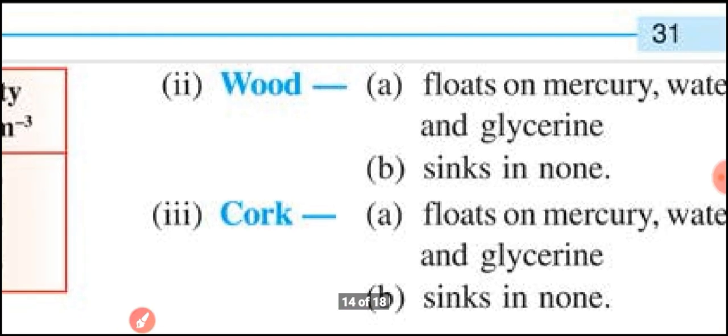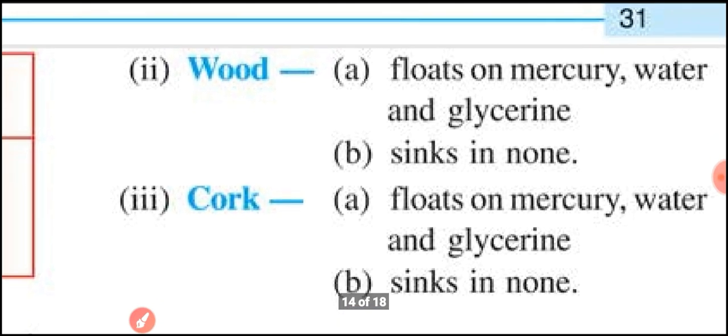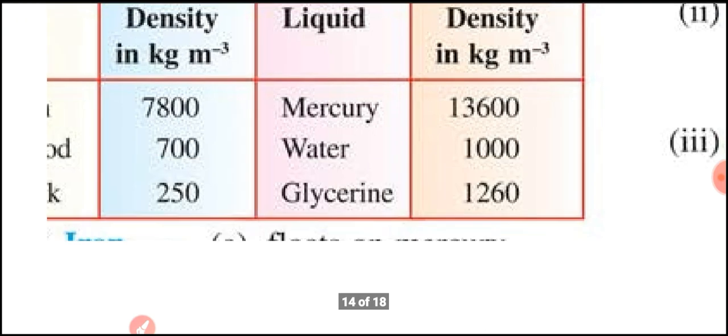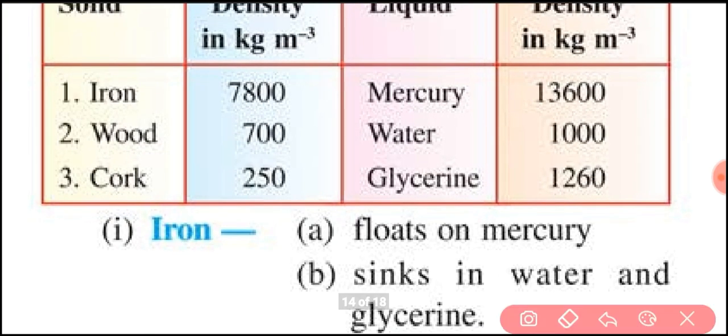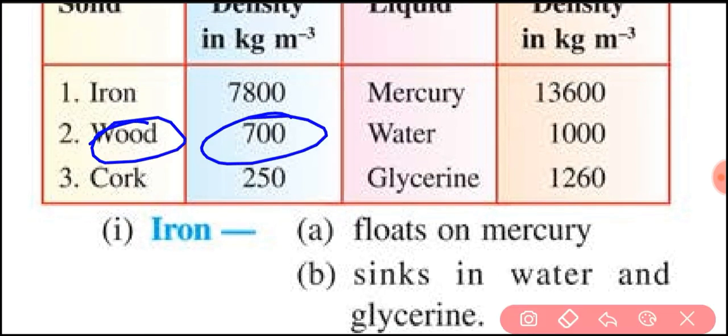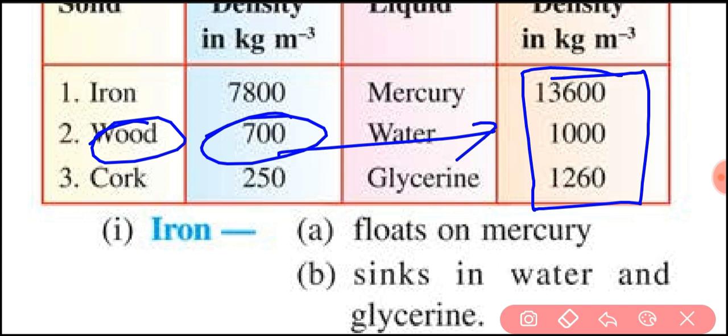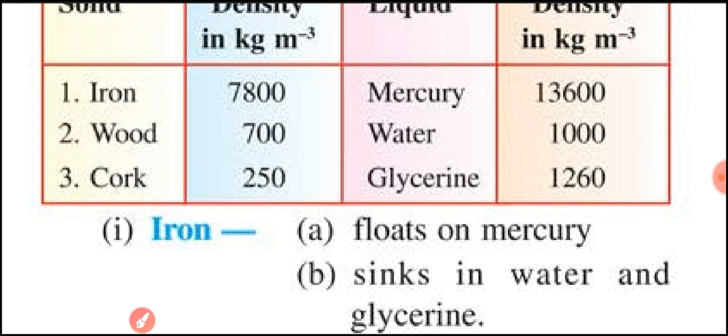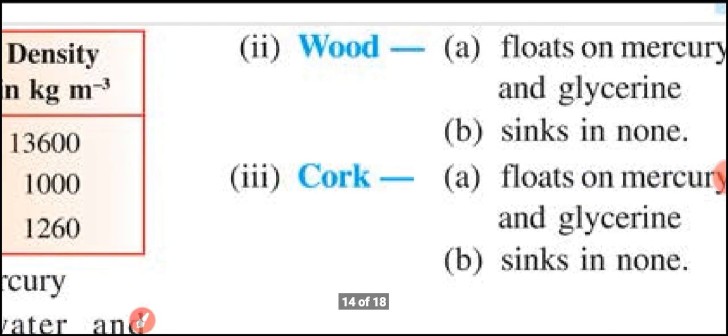And about wood, what is it? Floats on mercury, water and glycerin. See, here it is wood, density 700, and all three densities are more than this 700. So, wood floats on mercury, water and glycerin and sinks in none.